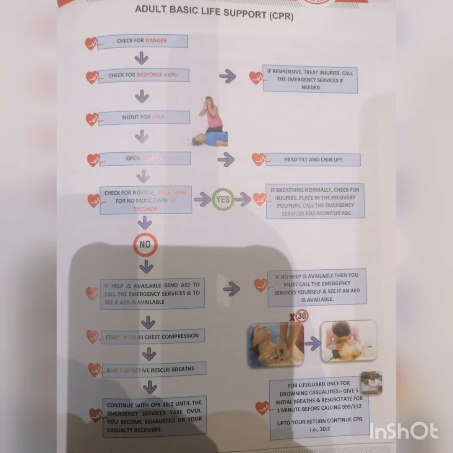Then early cardiopulmonary resuscitation. Learning CPR is the greatest gift you can give your family and your friends. If you perform it properly, CPR can help survive or save a life until emergency medical teams arrive.